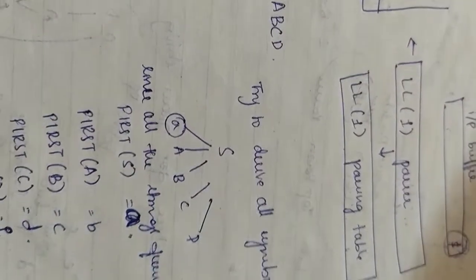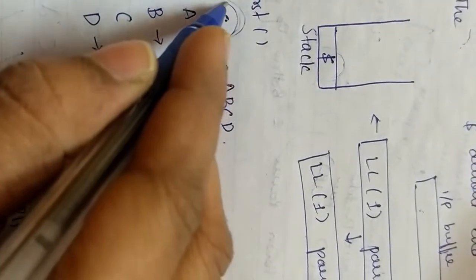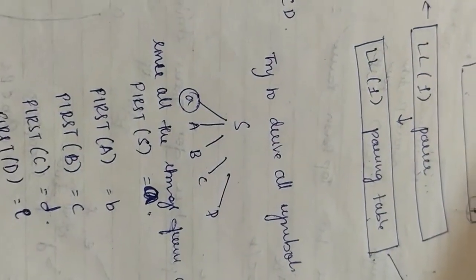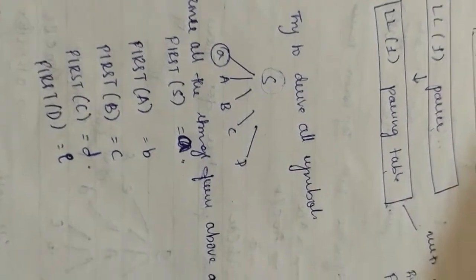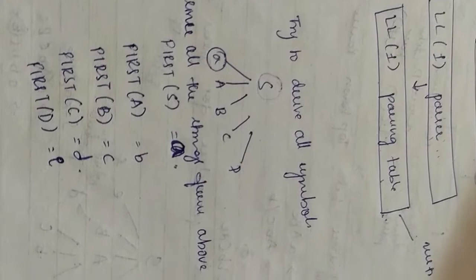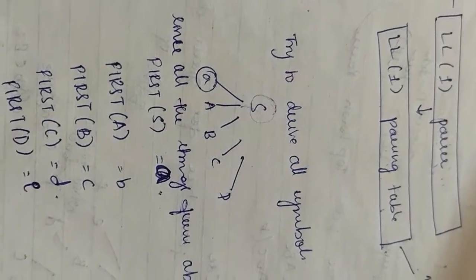If I start deriving these productions, all the possible productions start with S. Let's assume I try to identify all the input strings that start with S. What will be the first value in the input? What will be the first value in the possibility? That is what we are going to see. That is the finding of first of S.